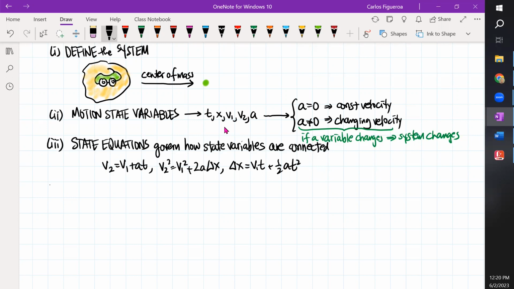Now what I want to do is apply the same process to physics 4C thermodynamics.